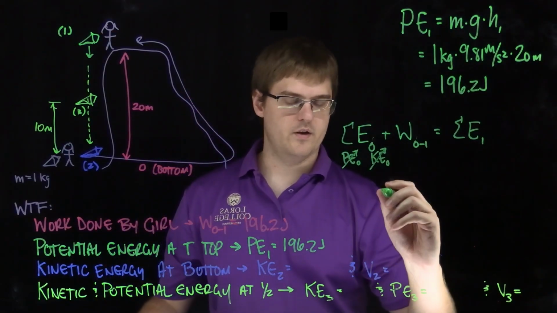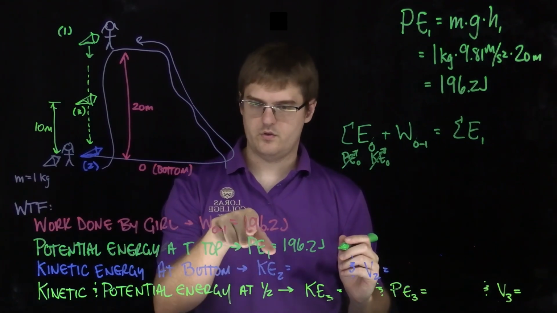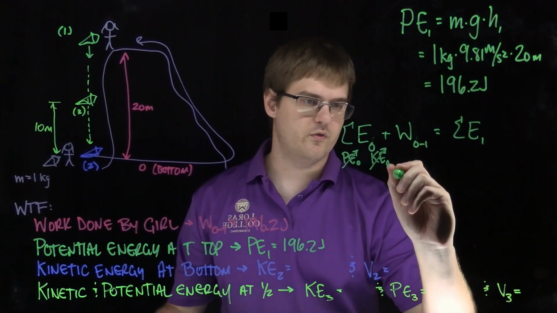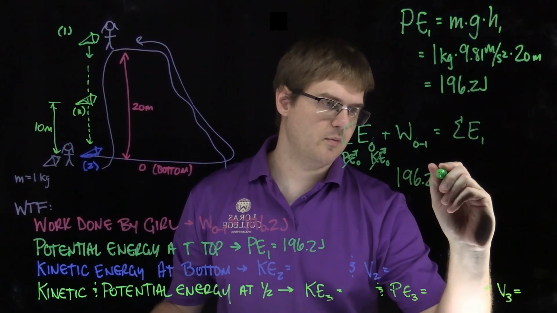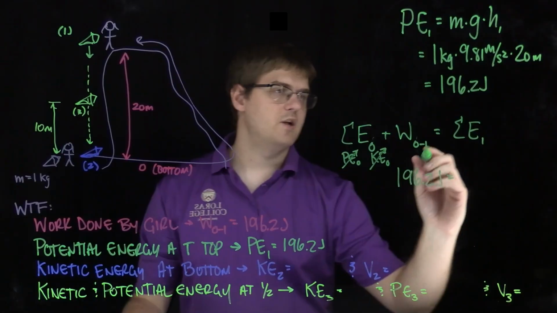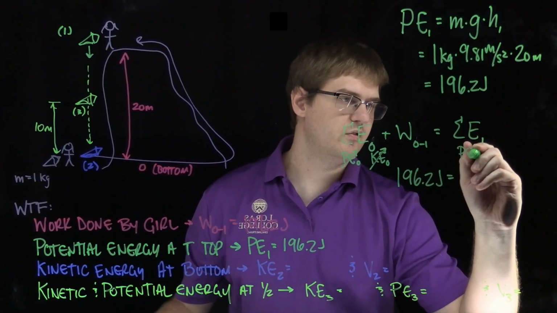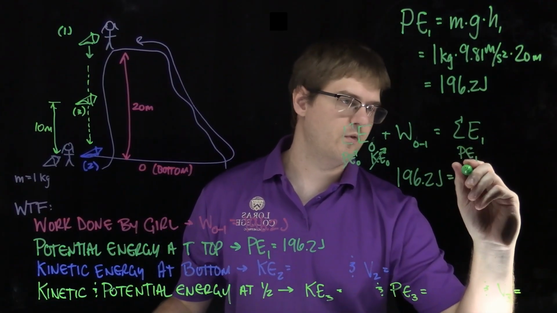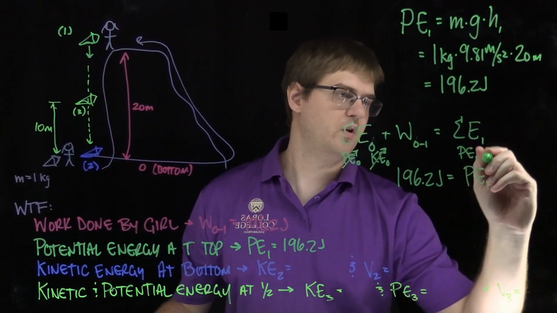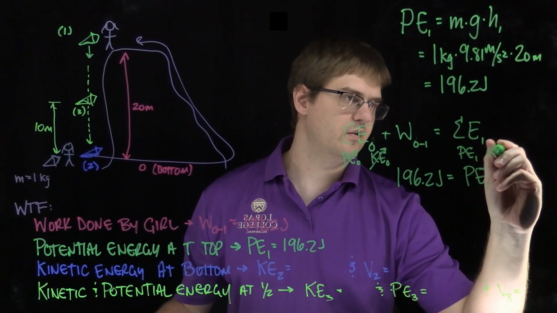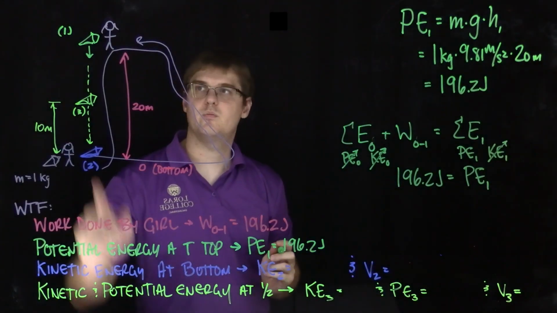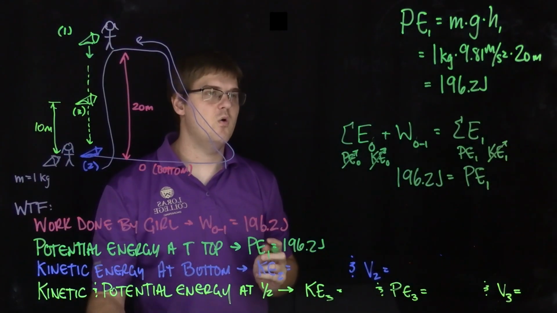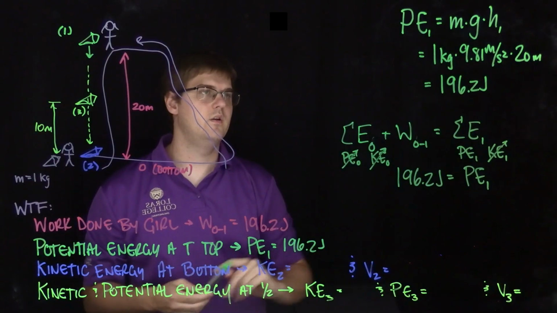Work 0 to 1 is 196.2 from our first part of the problem. Potential energy at 1, that's what we're trying to solve for. Kinetic energy at 1: we're not moving, velocity is 0 at this point, so that goes away.